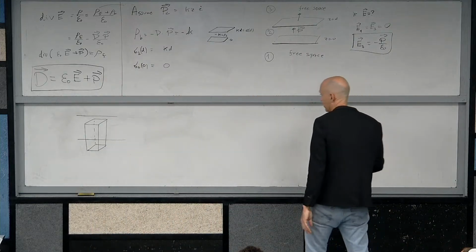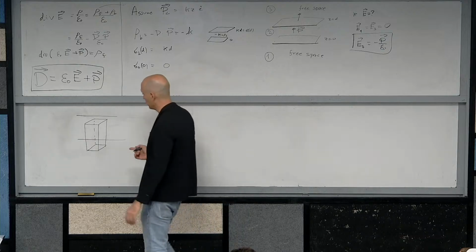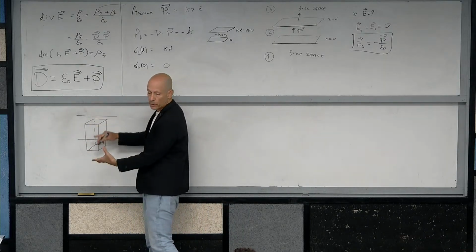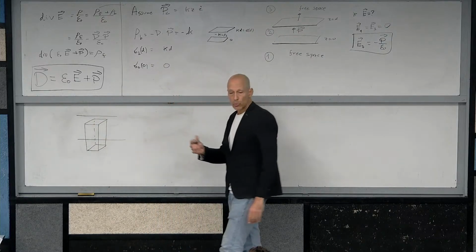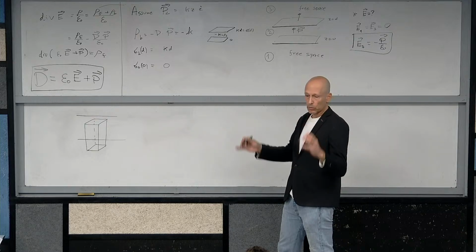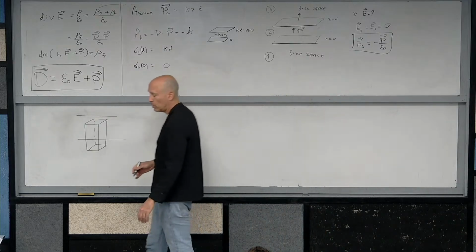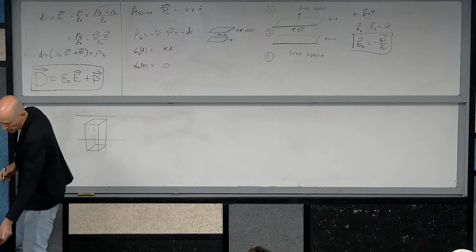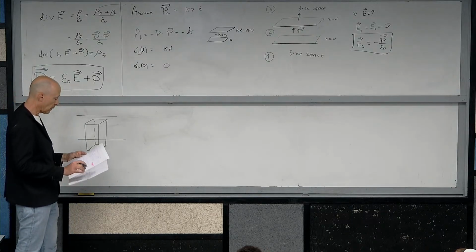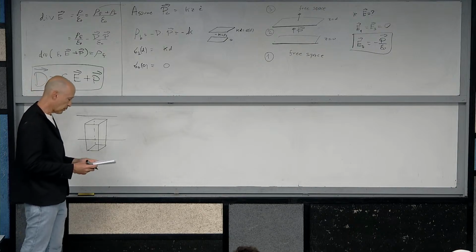We know that the integral over the flux of the electric field coming out of this box is equal to the total charge enclosed divided by epsilon 0. This is what we learned in our course, and I think you know it for a long time.